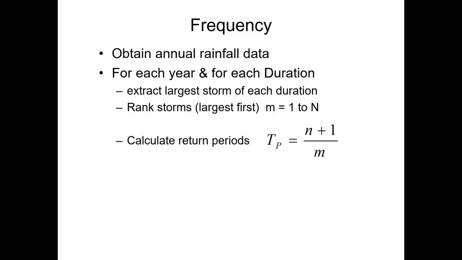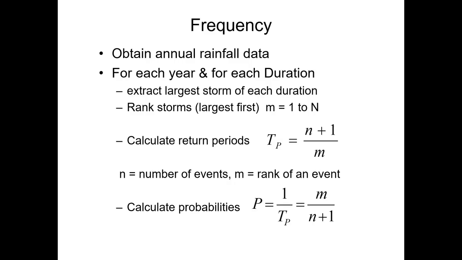With n+1, nothing is ever the 100th percentile. So the percentile would be the rank over n+1. We never quite get to the 100th because there could always be one bigger one out there. So the return period is actually the inverse of the percentile. If you didn't understand all that, it will be clear when we go through the example. N is the total number of events, m is the rank.